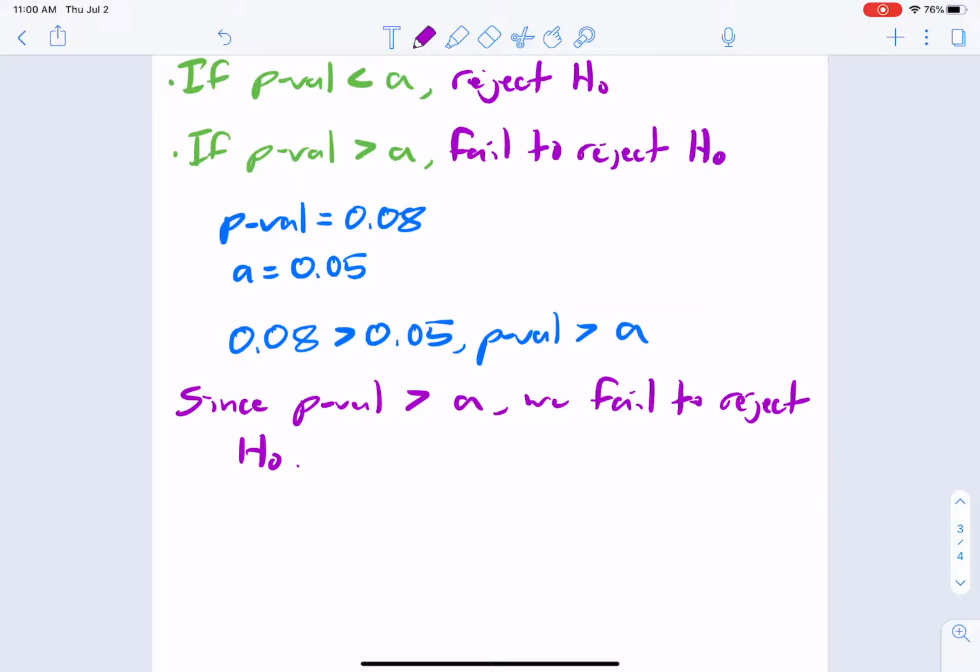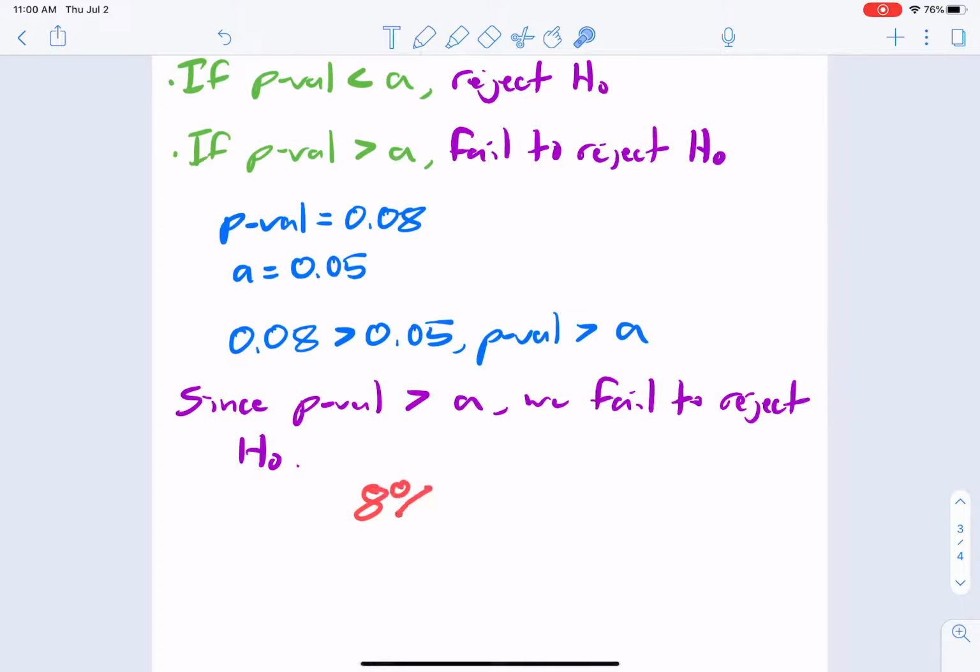So the interpretation with this p-value is that, given that the null hypothesis is true, there's an 8% chance of seeing our data, this proportion of 0.73, or the probability that our data is just up to randomness, up to chance, is 8%.